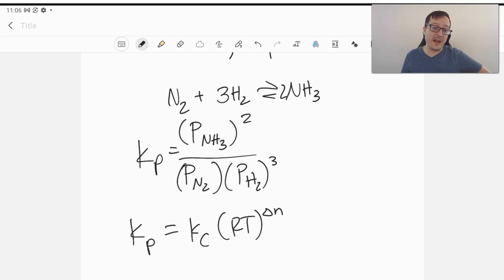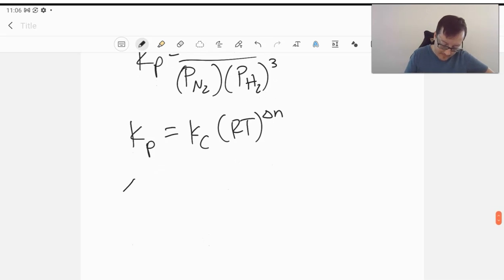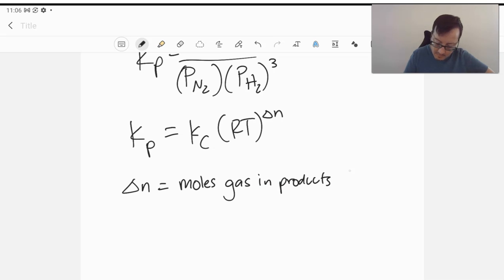The Kp for a reaction is Kc times RT to the delta N power. And delta N is the moles of gas in the products minus the moles of gas in the reactants.